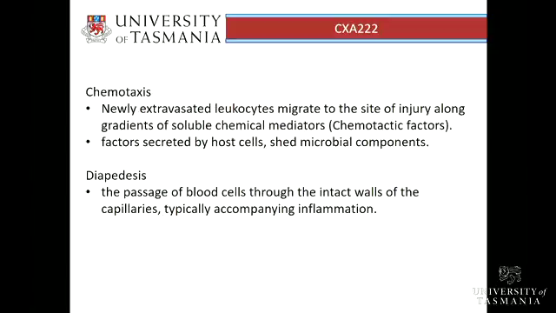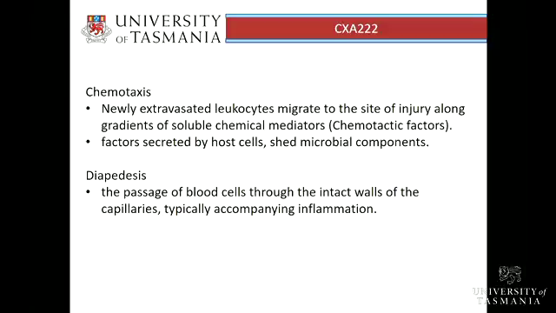There are two terms that I would like you guys to be familiar with. One is chemotaxis. This is basically a chemical gradient that facilitates the migration of the neutrophils. They're soluble chemicals.